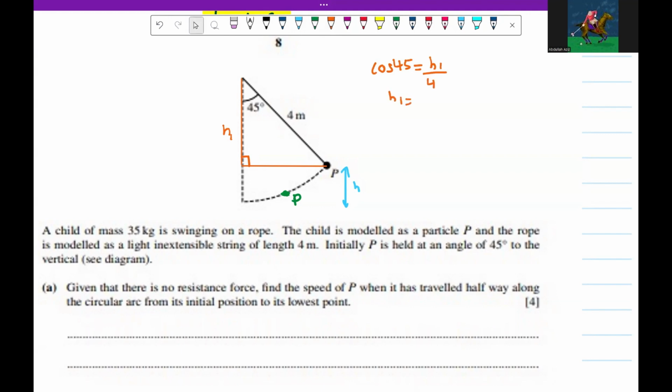So H1 is basically 4 cos 45. And then we need to find the H2 change, the height. Since it's halfway, this angle will be 22.5.